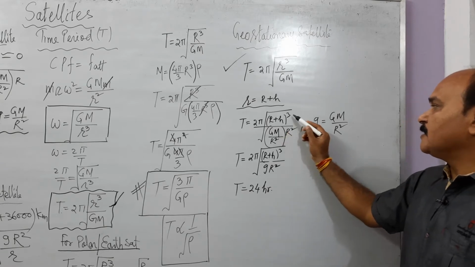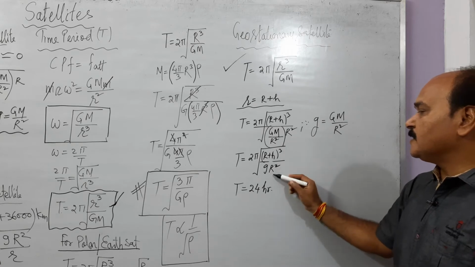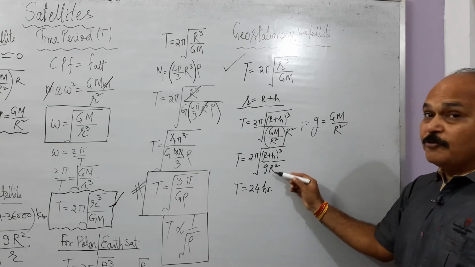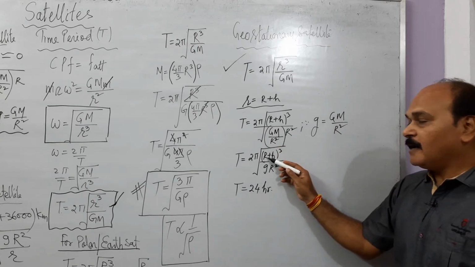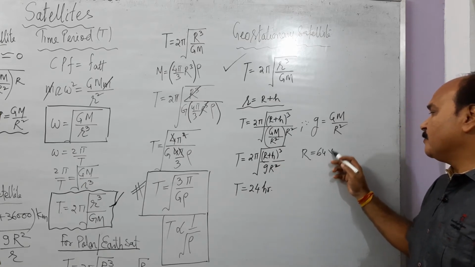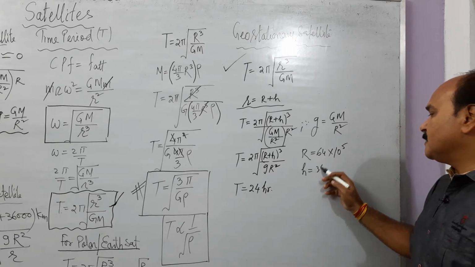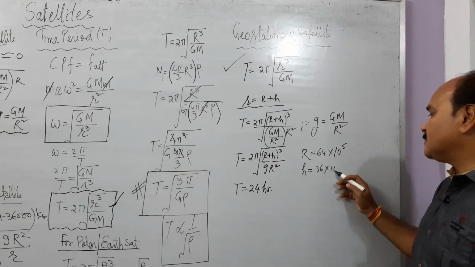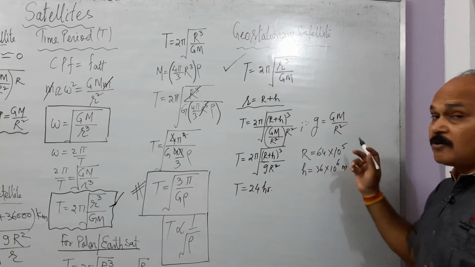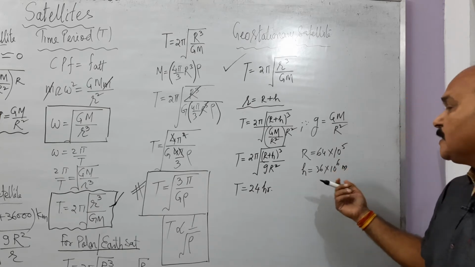R plus r cube as it is, and for this we write g, and r square is written as it is. Now we can substitute. R is what? 64 into 10 to the power 5. H is what? 36 into 10 to the power 6 meter. 36,000 kilometer, that is 36 into 10 to the power 6 meter.